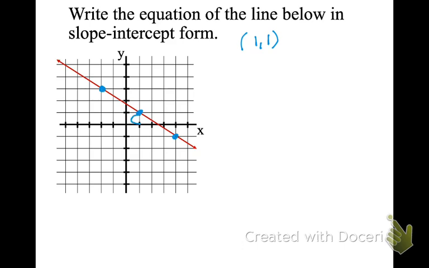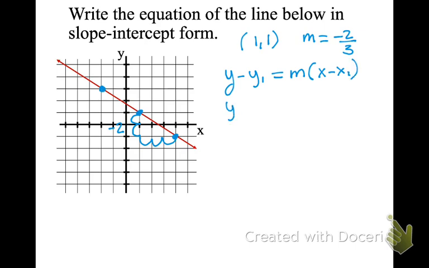Rise. I'm rising -1, -2. And my run is 1, 2, 3. There we go. And now I'm using my point slope. Y minus y1 equals m times x minus x1. Y minus 1 equals -2/3 times x minus 1.